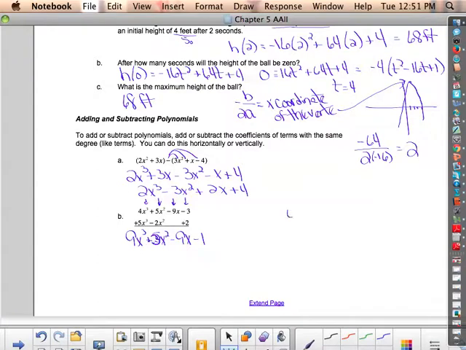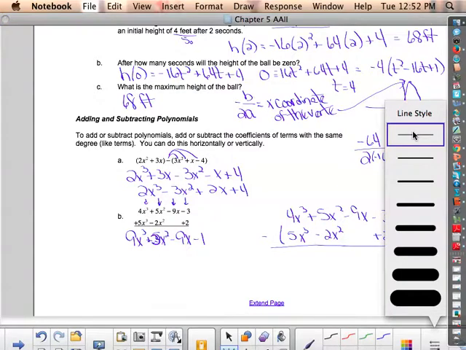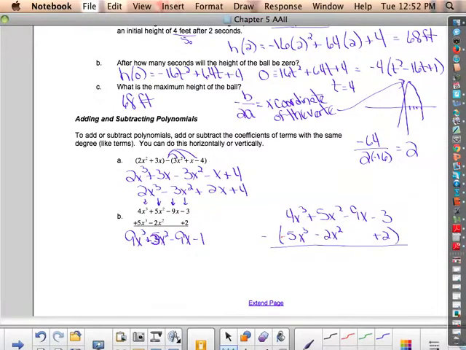If that were subtraction, let's just take a look at that. So you can see if that were subtraction and you were using this vertical method, what that would look like. Okay, so if that's subtraction, in order to change it to addition, I have to change all of these signs inside, and then I can change that to addition.